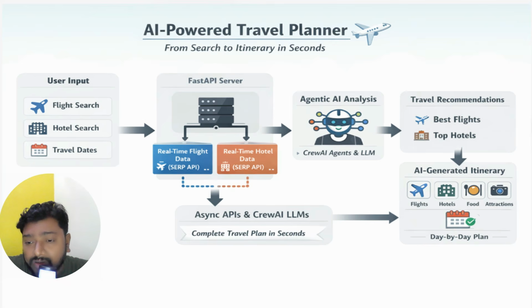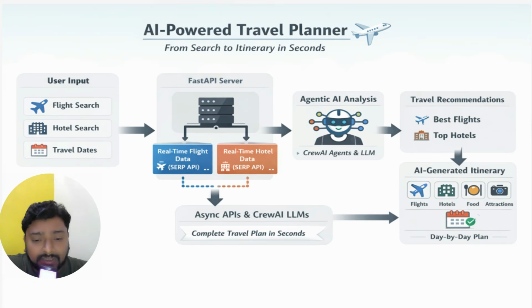All of this is generated automatically using async API and CrewAI LLMs, and the complete travel plan comes in a few seconds. And then once the whole process completes, the results are displayed in a very structured format. It is downloadable, and it is a very clear and user-friendly experience.